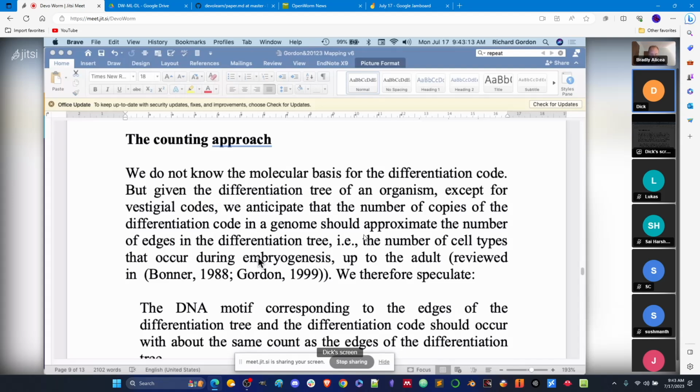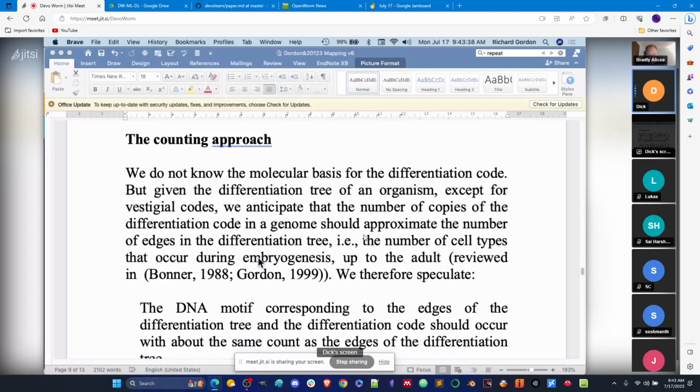Given that, the number of copies of that motif in the DNA should be the same or approximately the same as the number of edges of the differentiation tree. And that's the counting problem.